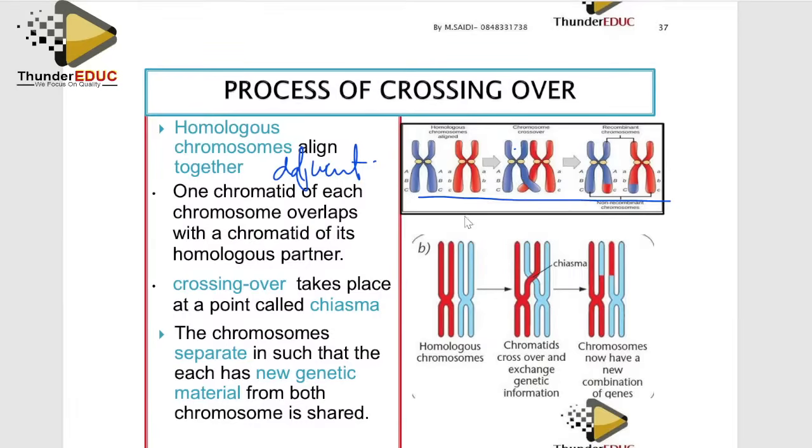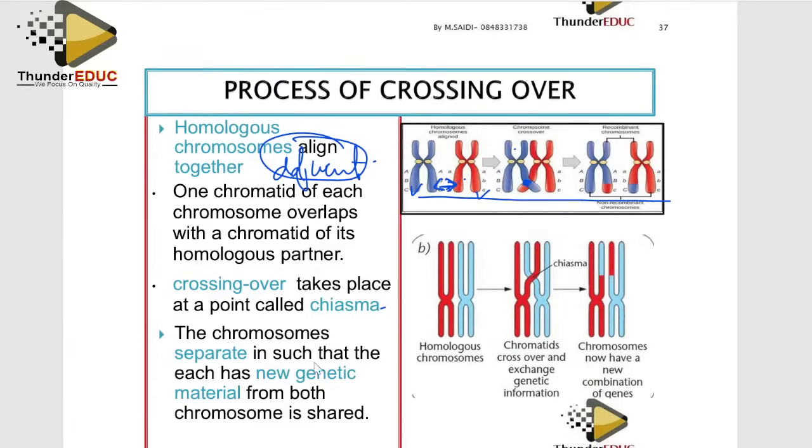Meaning that you have this chromatid and you have this chromatid, but the ones which are adjacent to one another are the ones which overlap. They overlap at a point called chiasma. Then crossover takes place at a point called chiasma.